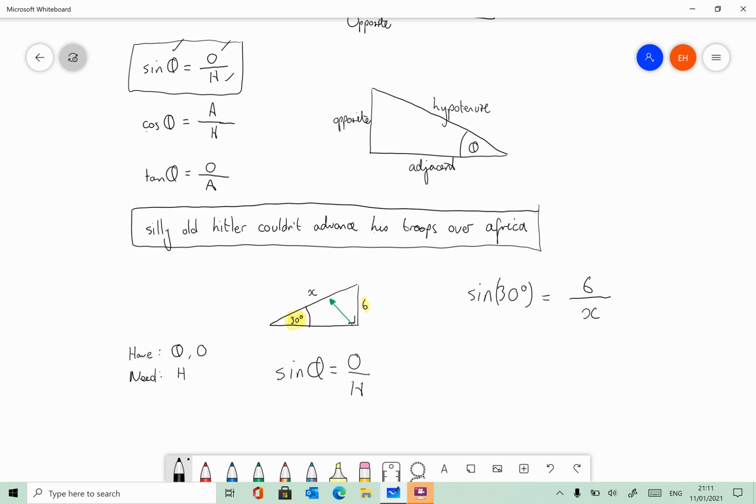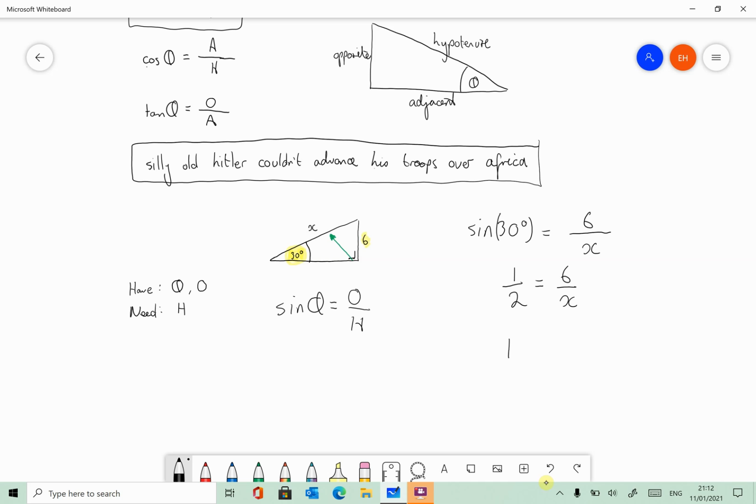Now, we don't really like doing trigonometry, this sine, cos, and tan. We much prefer just regular old numbers. So as soon as we can get rid of sine 30 degrees, we take the opportunity to do so. So I go sine 30 in my calculator, and I end up with 1/2. So I have 1/2 equals 6 over x.